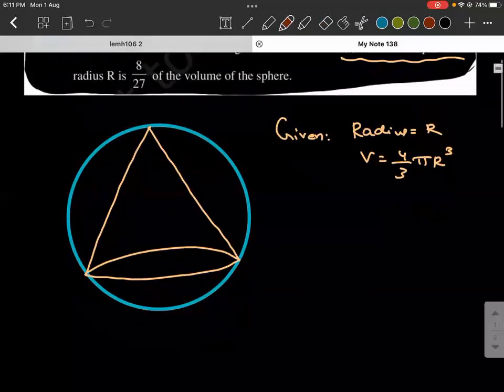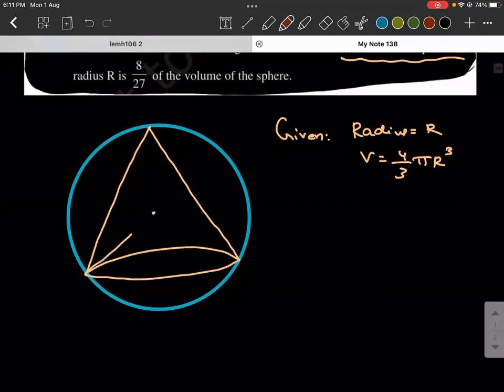So if I take this to be the center, this is R, this is R, and this is also R.